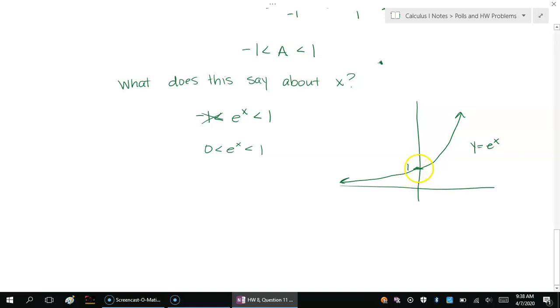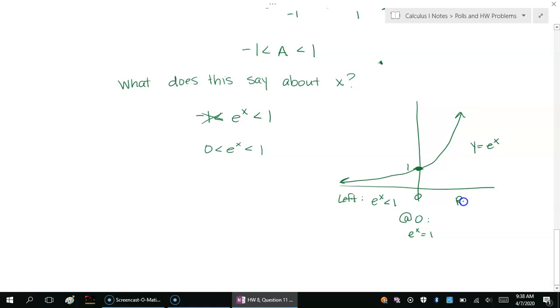And I can see that sort of my tipping point is again at x equal to 0. For everything to the left of 0, e to the x is going to be less than 1. At 0, e to the x is equal to 1.